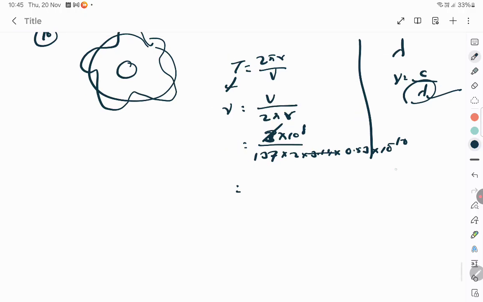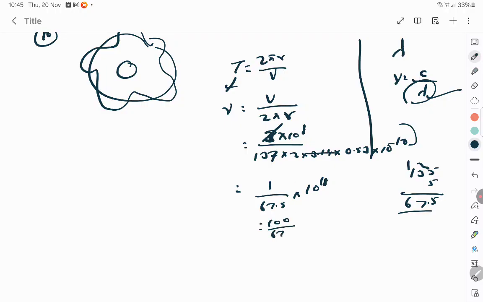So you're left with 137 into 0.5. Let's take it as 5. 5 5s are 25, 5 3s are 15, 17, 5 5s are 675. It's 67.5 approximately. So 1 by 67.5, into this goes up, it becomes 10 to the power 18. So 100 by 67.5 into 10 to the power 16.